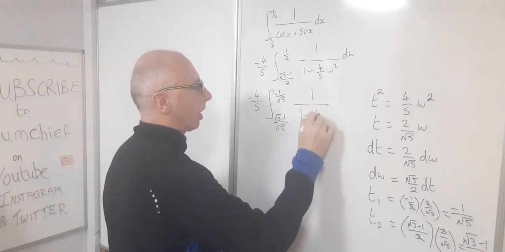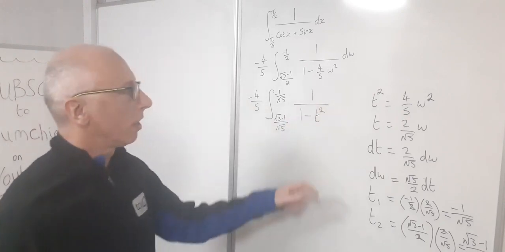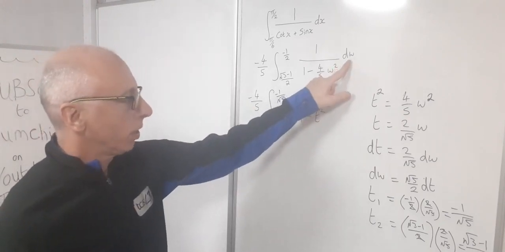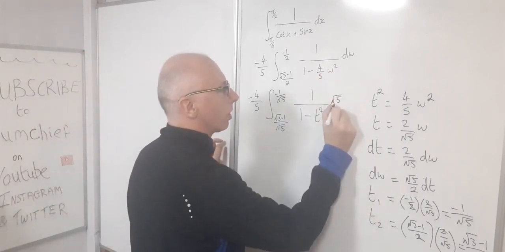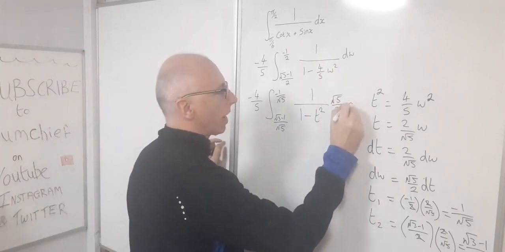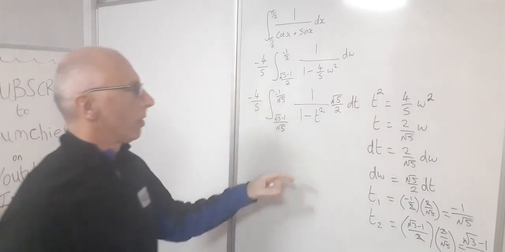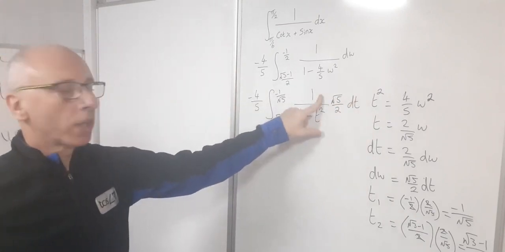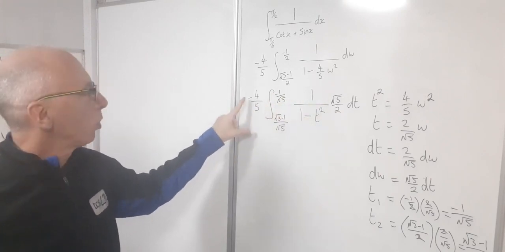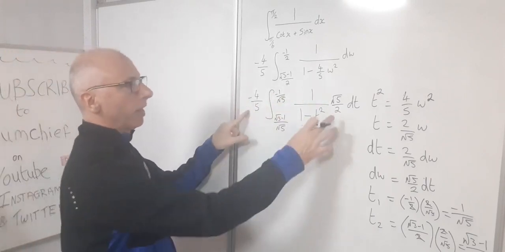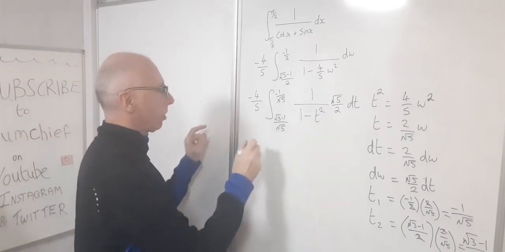So then we're looking like we go straight into our integration, and our dw becomes root 5 over 2. So I'm just going to write that over there for now. This is a constant multiple which I could have stuck on here. So now I could take this out of the integrand and multiply this by this, and then we just get a straightforward integrand.